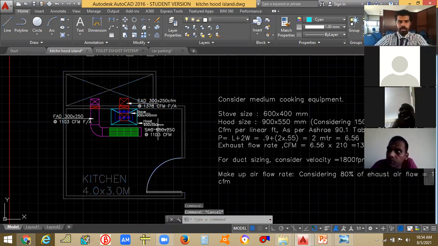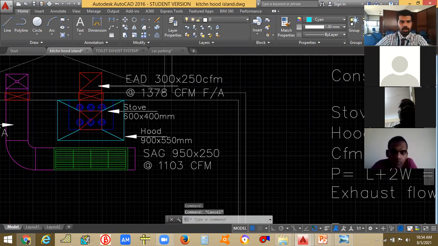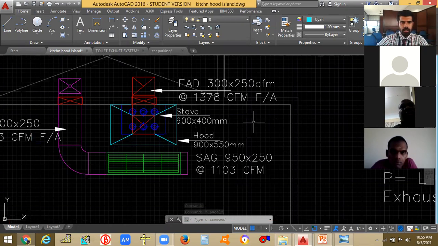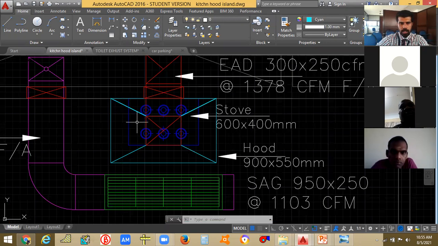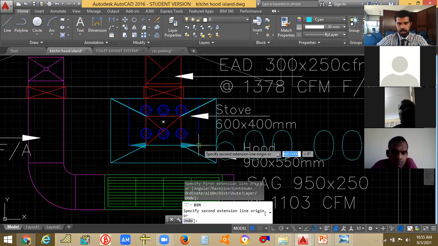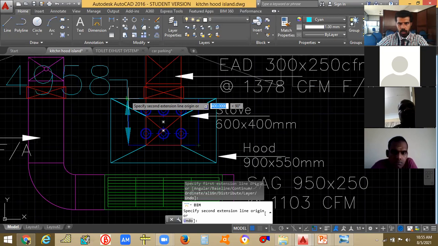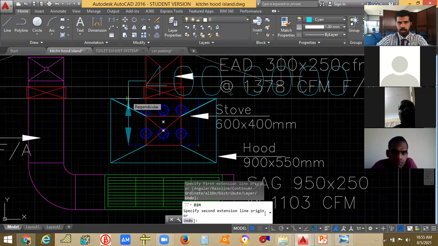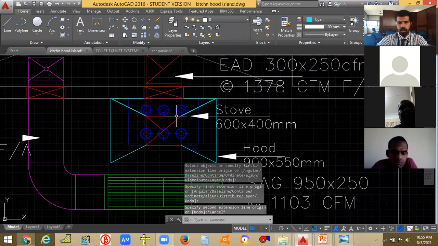So I got this stove size 600 into 400. This blue color is known as the stove. Okay. So let's see whether it is 600 into 400. Yeah, it is 600. It is 400. Okay, 400 mm and 600 mm stove.